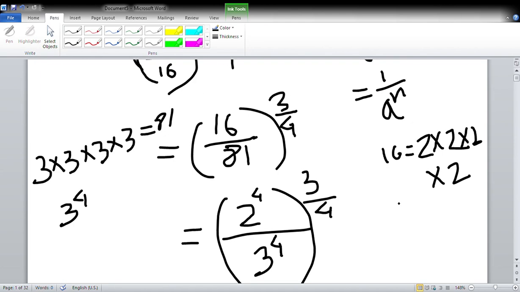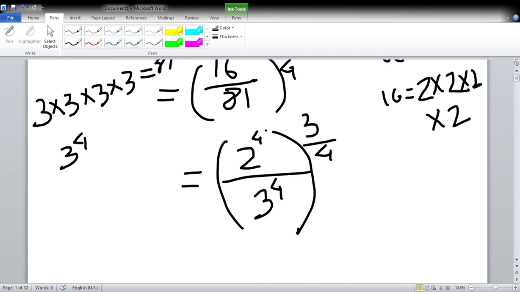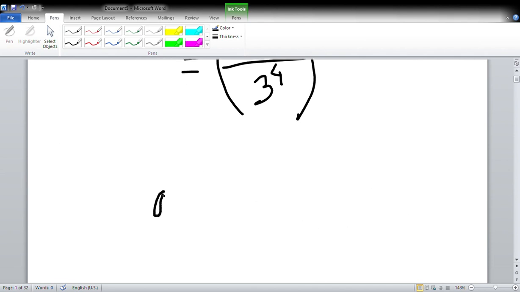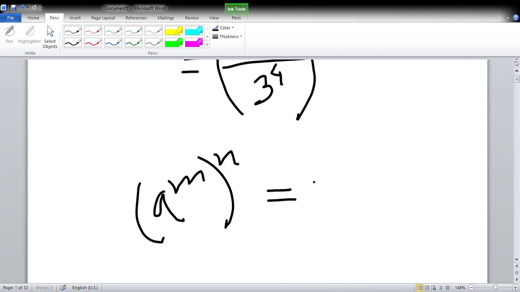So what is to be done? If you have a power on a power, that means you have to multiply the powers. I gave an example previously: if it is a to the power m, and the power is another power n, a to the power m to the power n, you have to multiply the powers, that means a to the power mn.